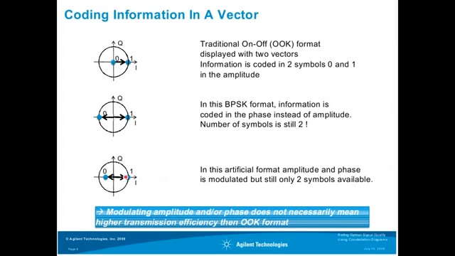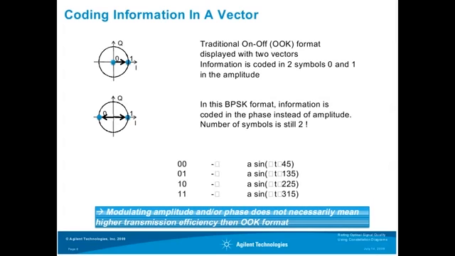Again, the 1 is represented by the real part, and the 0 is represented by a different amplitude and then 180 degrees of phase. So what we learn from here is that modulating amplitude and/or phase does not necessarily mean higher transmission efficiency than an on-off keying format that is used currently in most of optical transmission.